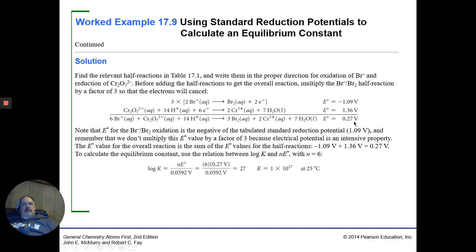Actually, it's 0.27 would be the... okay. Well, anyway, okay, we would set up the equation this way. There's 6 electrons being transferred, and so log K is 27, so K is 1 times 10 to the 27th.